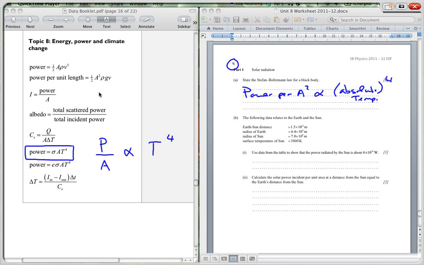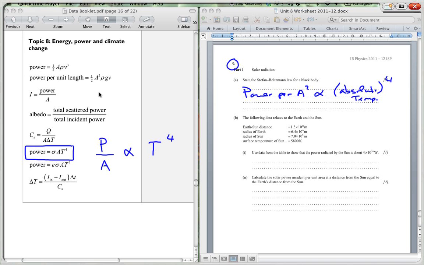Now you can use the formula here, but as long as you explain what each one of these terms means, that would be fine. So it says the following data relates to the Earth and the Sun. The Earth-Sun distance is 1.5 times 10 to the 11. The radius of the Earth is 6.4 times 10 to the 6.